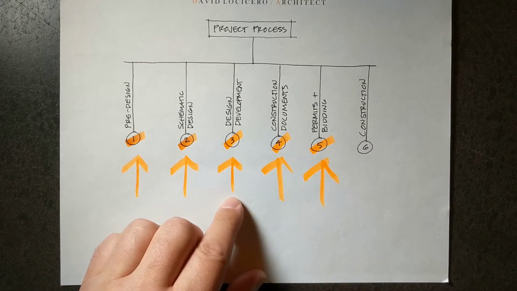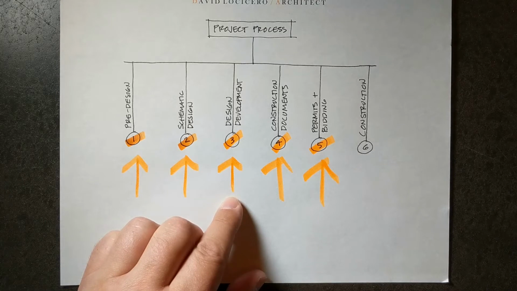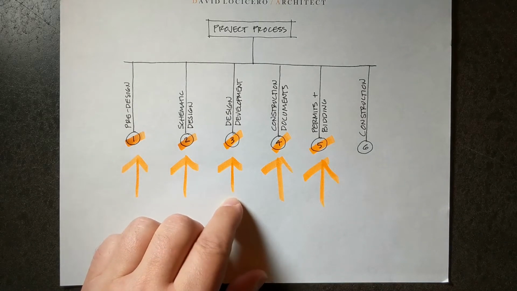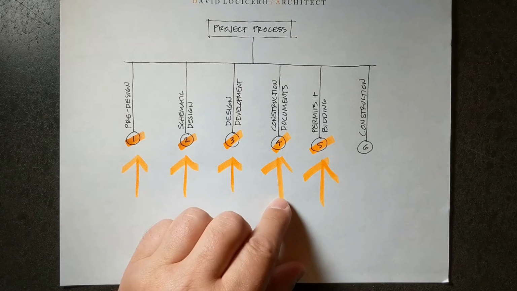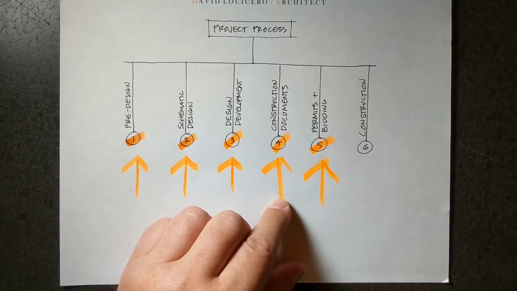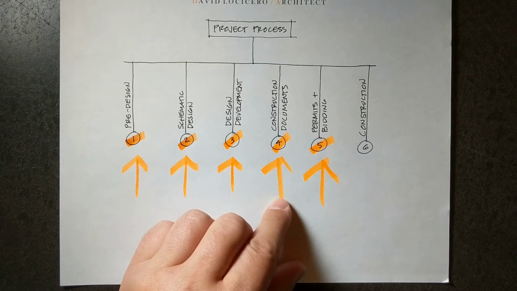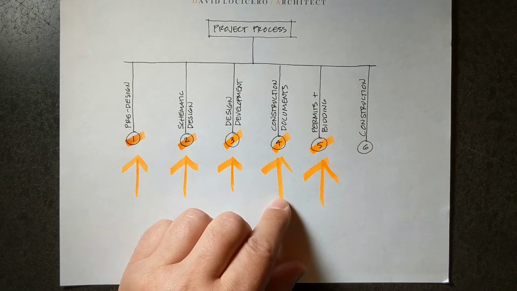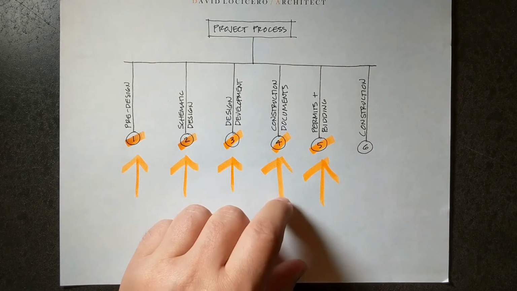Then we moved to design development, where we started to make the project real by involving the structural engineer and addressing the building electrical and plumbing and HVAC systems. I started picking materials. Then from there we moved on to construction documents, where we drew up what the building is going to look like and how to build it and what the assemblies are going to be like.